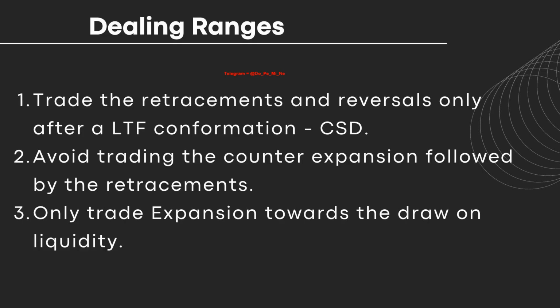So the talking point here is that you should avoid trading that particular counter expansion because they tend to be lower probability, and you should rather trade the reversals that follow after those expansions. You need to remember these points when analyzing price action with dealing ranges, and that way you will stay one step ahead and be analyzing everything with a logical framework, which I've given you in this chapter.